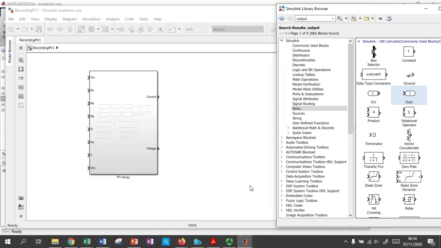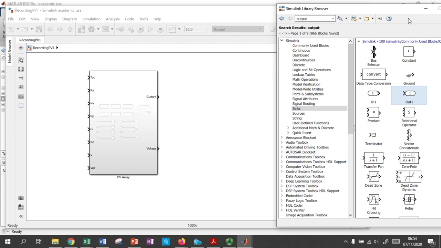Now is the time to present some input for these ports: TOC, RS, NS, NP, GIS, CV, and VOC. And the output of this PV array is the current and voltage.